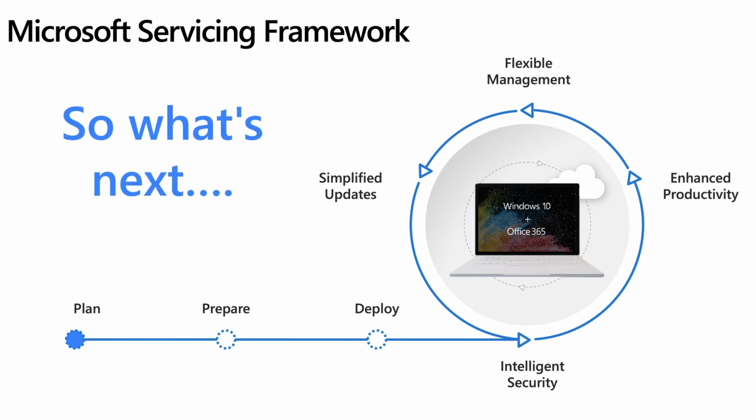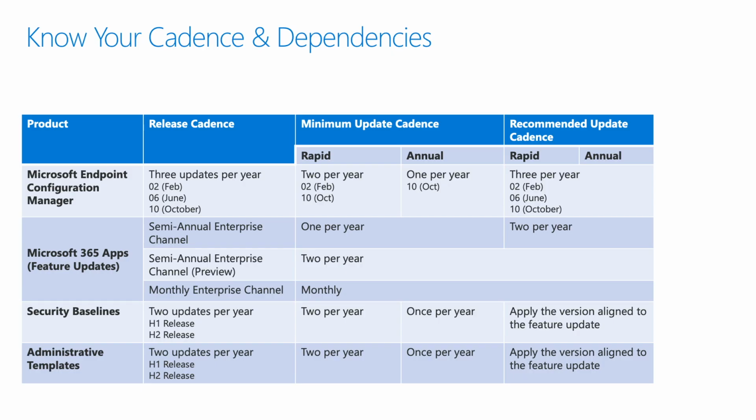All right, so now we've kind of got an introduction into the servicing framework. James has talked about the planned phase of the framework. So what's next? Let's jump into kind of critical understanding of your cadence and your dependencies.